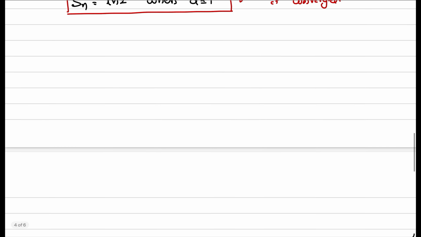Now, what happens when a is greater than 1? Next question comes, which is very important: a is greater than 1. When a is greater than 1, what happens to the series?